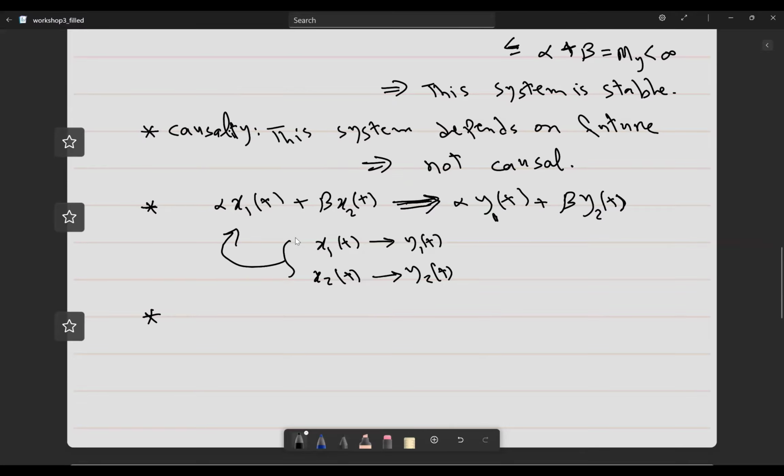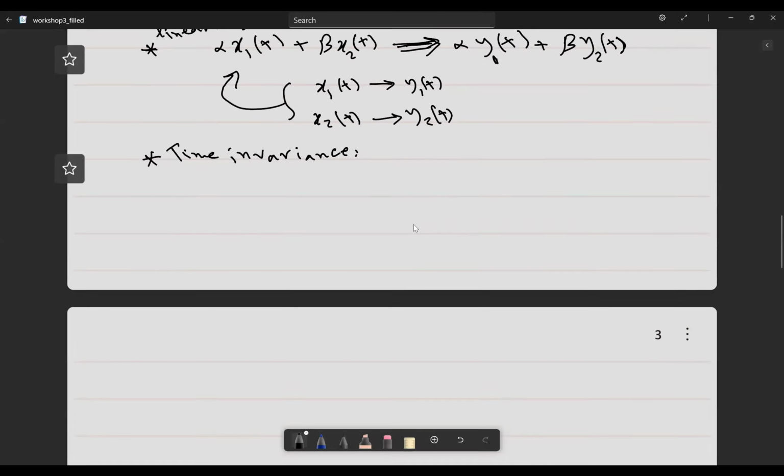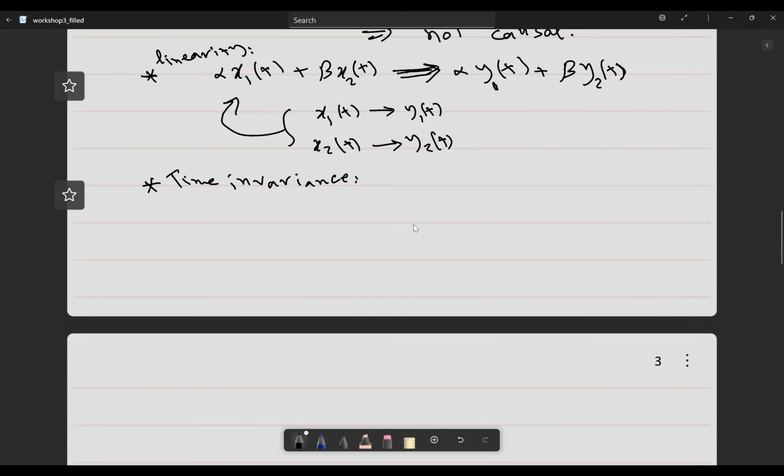Next is time invariance. A time invariant system will show that if we shift the input, the output of the system will be shifted with the same time shift.